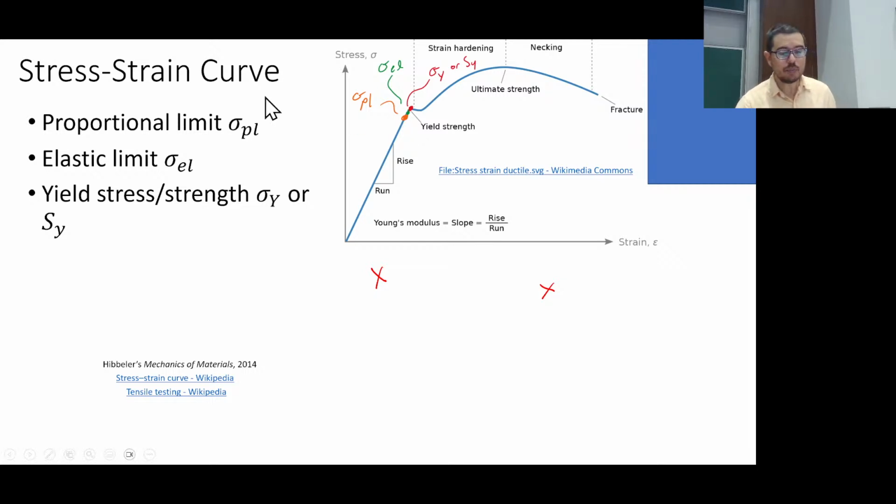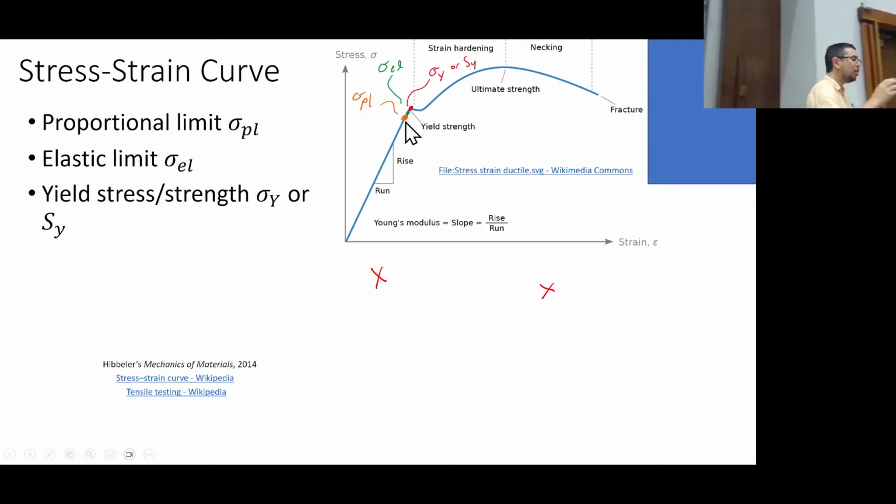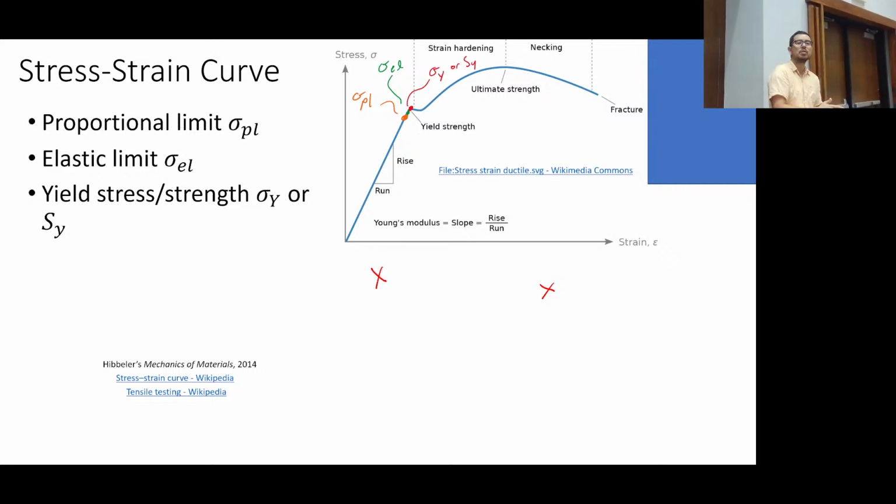You can figure out the slope of this, and we'll talk about that in a minute. That's something called the Young's modulus. But for now, let's just say that if you go only up to the proportional limit, you can release it, and it goes back to its original shape.